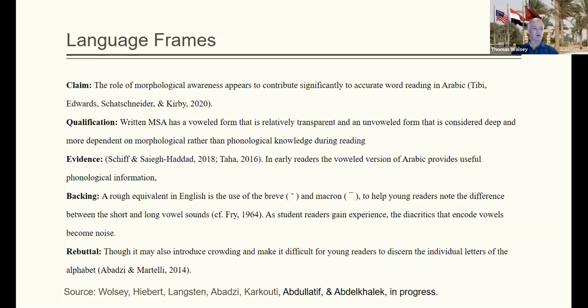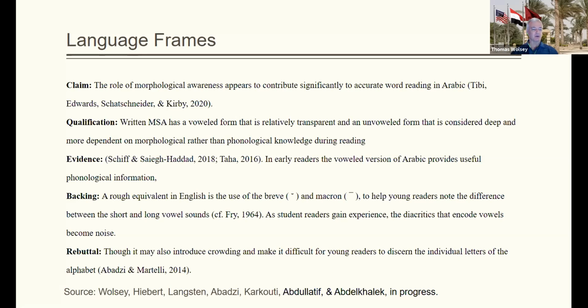So in this case, we have a qualification about MSA, about Modern Standard Arabic against other languages. The evidence is from Schiff, from the authors whose names you see there. In early readers, the vowel version of Arabic provides useful phonological information. And that's been documented by those authors.